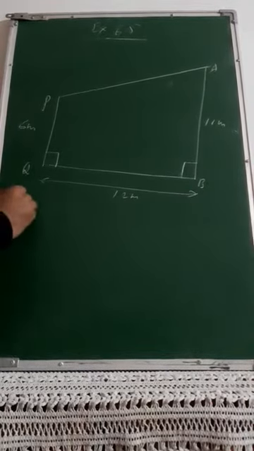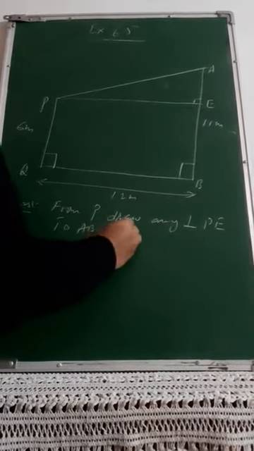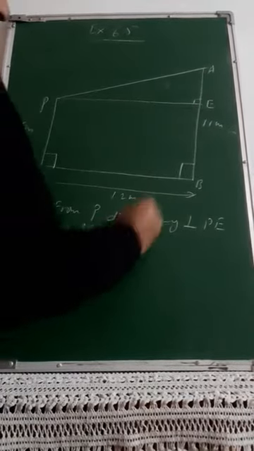So the construction is: from P, draw a perpendicular PE to AB, such that, now you studied all these things in class 9. As soon as I have drawn the perpendicular from P to AB, that is PE, what happens?